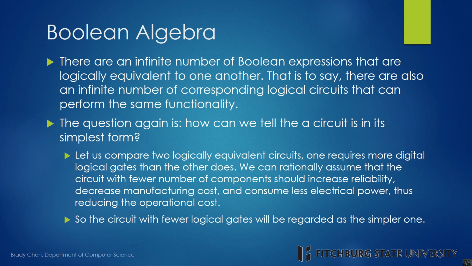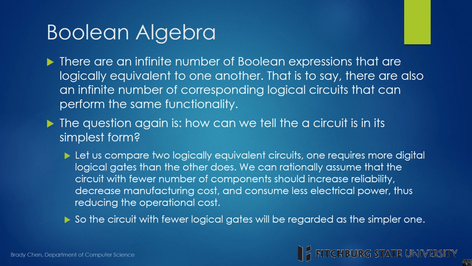Now, to answer the question, let us assume that there are two logically equivalent circuits. One requires more digital logic gates than the other one. So we can rationally assume that the circuit with a fewer number of components should increase the reliability, because it consists of fewer gates, fewer components.